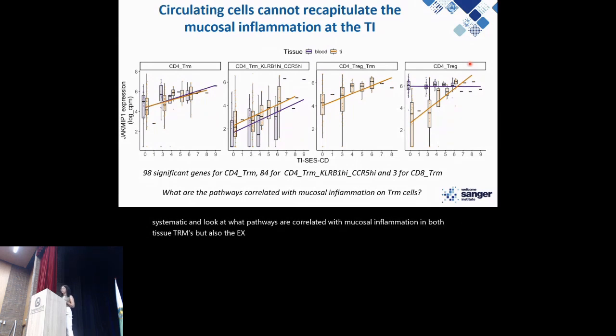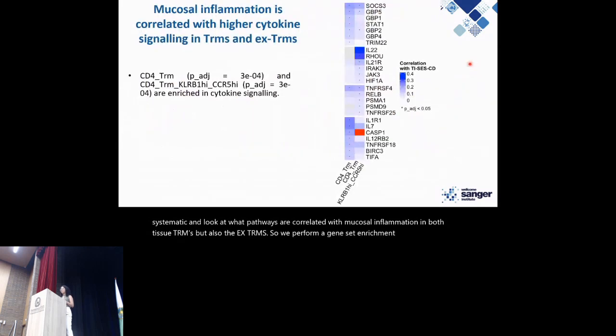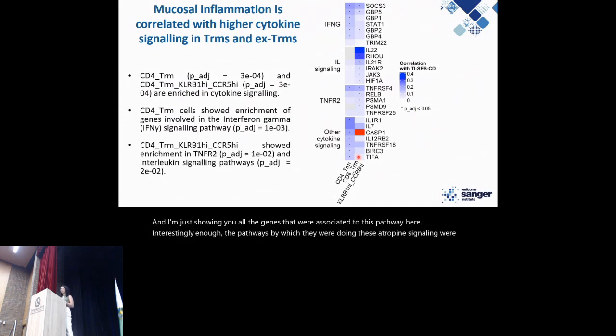So we performed a gene set enrichment analysis, and we found that both subsets of CD4 TRMs were enriched in cytokine signaling, and I'm just showing you all the genes that were associated to this pathway here. Interestingly enough, the pathways by which they were doing the cytokine signaling were actually different. So in the case of CD4 TRMs, we saw mostly an enrichment of genes associated to interferon gamma signaling, whereas the pro-inflammatory pathway had more enrichment of interleukin signaling, but also TNF.